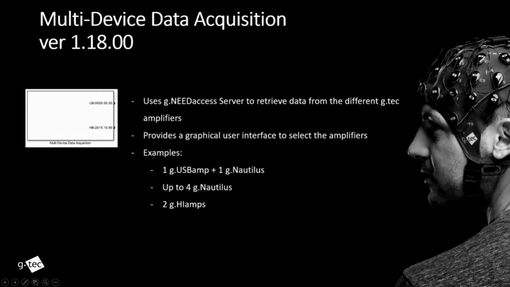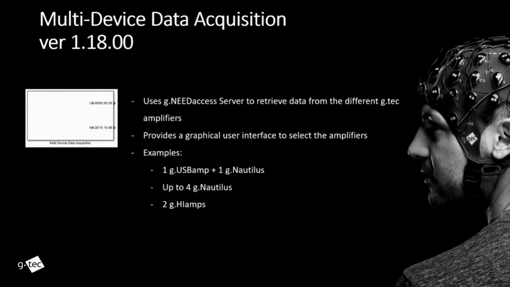The g.NeeT Access Server actually facilitates simple and independent data acquisition from single or multiple devices over an internal network. So as long as all the devices connect to the single network, or at least project the data to that network, we can handle all sorts of data acquisition and signal processing, which is quite easy for the user to use.